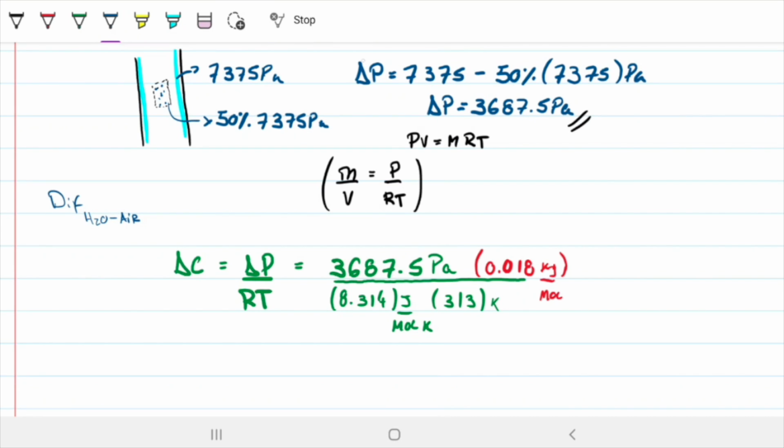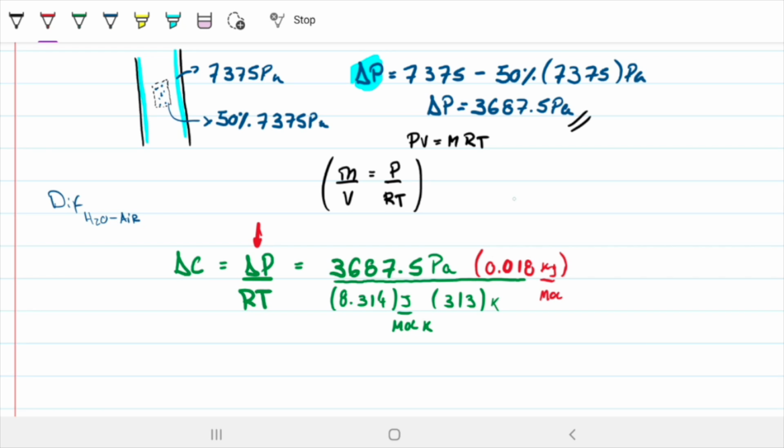And this delta P that we just calculated here is delta pressure vapor for water, right? So what we're doing here is we're converting the delta P for water, which we would have in moles of water per meters cubed, into the delta C for kilograms of water.